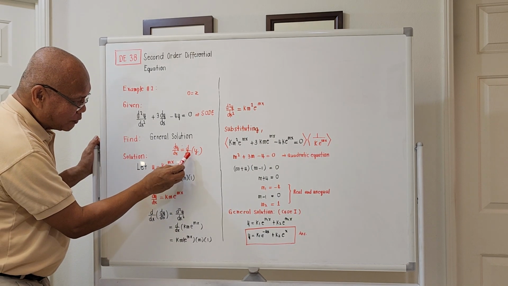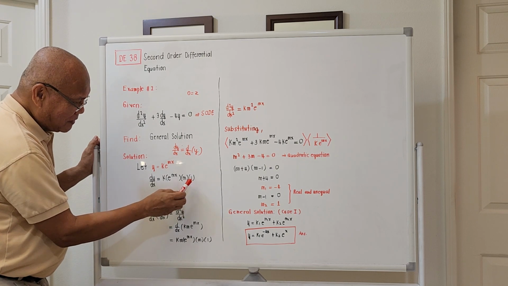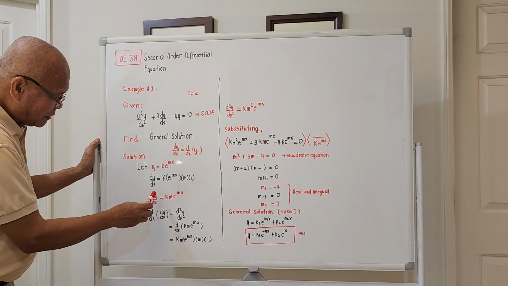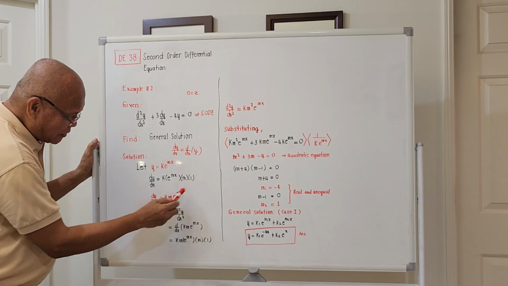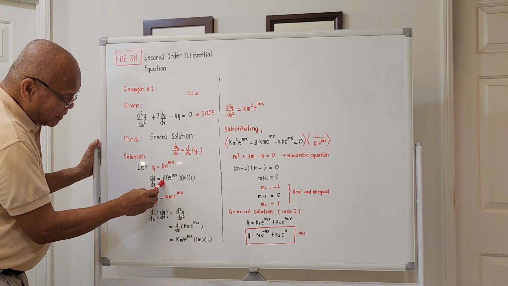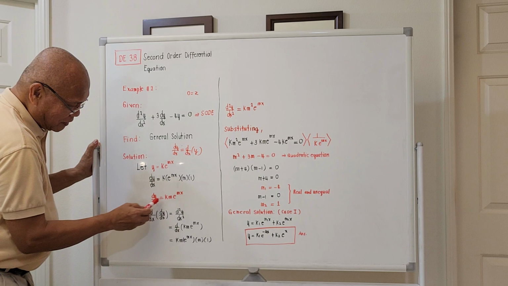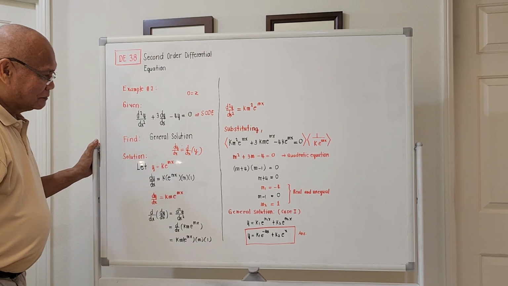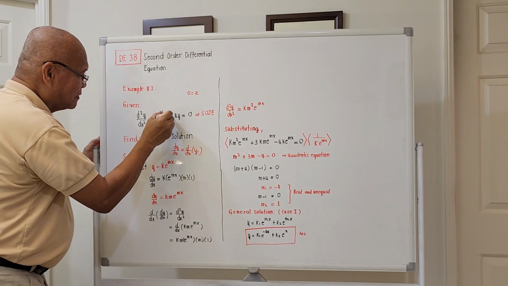We are differentiating with respect to x, so this is times 1. Okay? So what comes out for dy dx will be equal to km e raised to mx. K times m is km times e to the mx, that's dy dx. Okay? So we now know the value of this one.